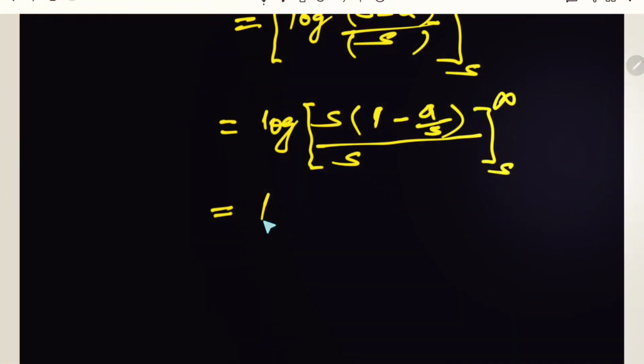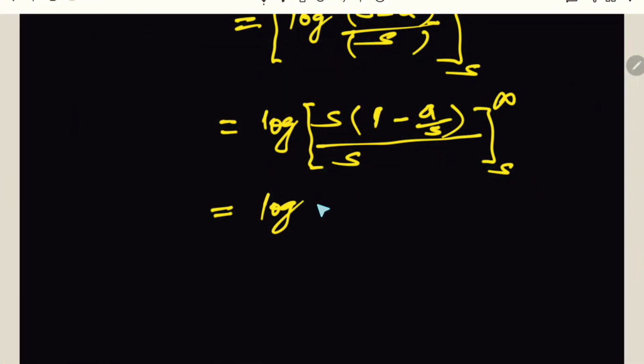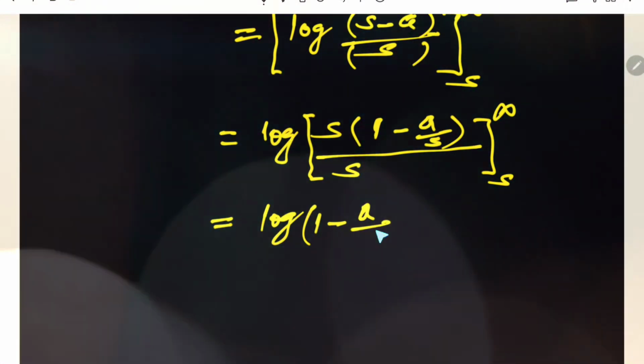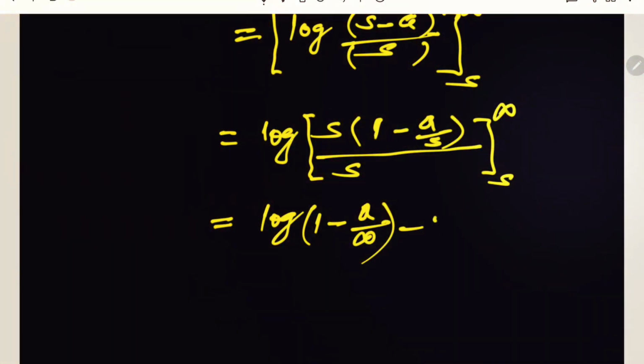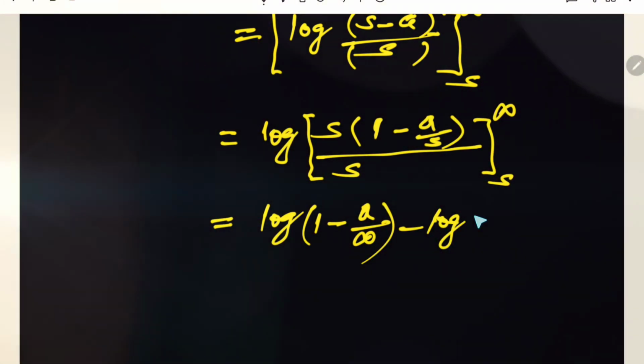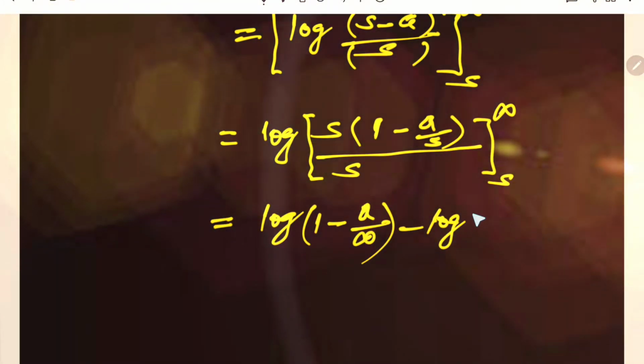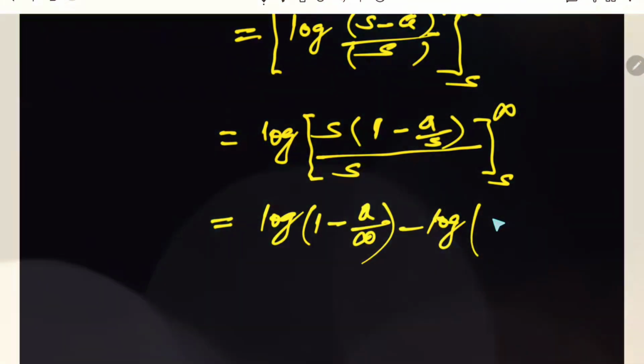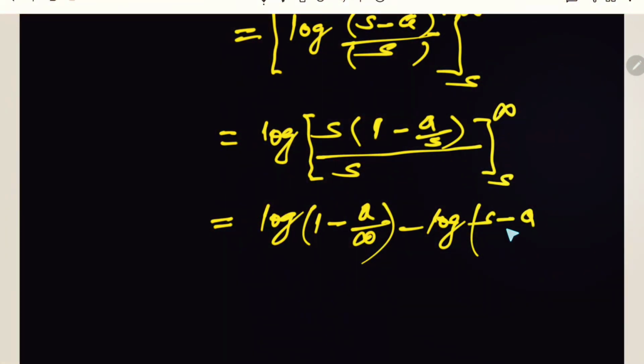Then we put the limits. A by infinity, any number by infinity, we get 0. Therefore, log 1 remains, minus log of 1 minus a by s, or cross multiplying, s minus a divided by s.